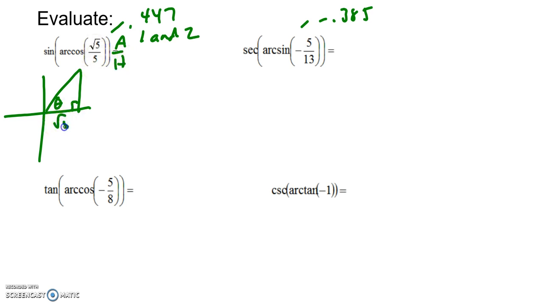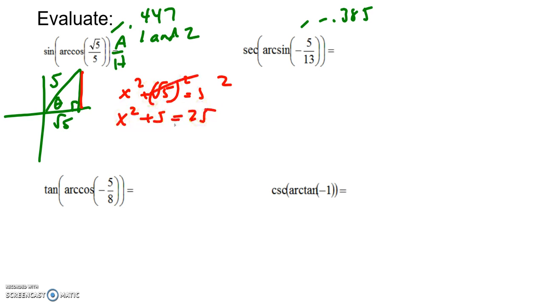So this could be root 5, this hypotenuse could be 5, and this third side could be found using the Pythagorean theorem. So we could say x squared plus root 5 squared equals 5 squared. X squared plus 5, because remember these are inverses, equals 25. So x squared equals 20.